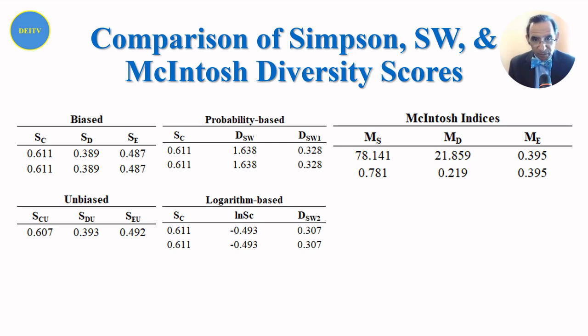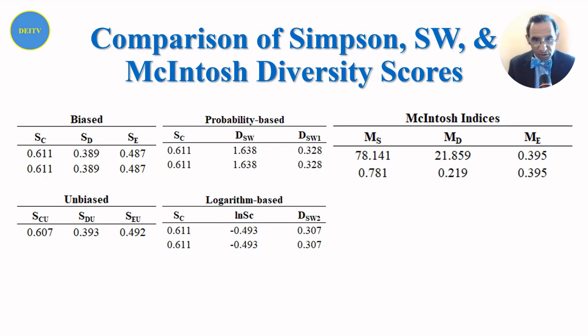When you divide that by the maximum value possible for the Smith and Wilson index, 3.23, that gives you 0.328. Again, that is the biased probability-based Smith and Wilson score of 0.328.